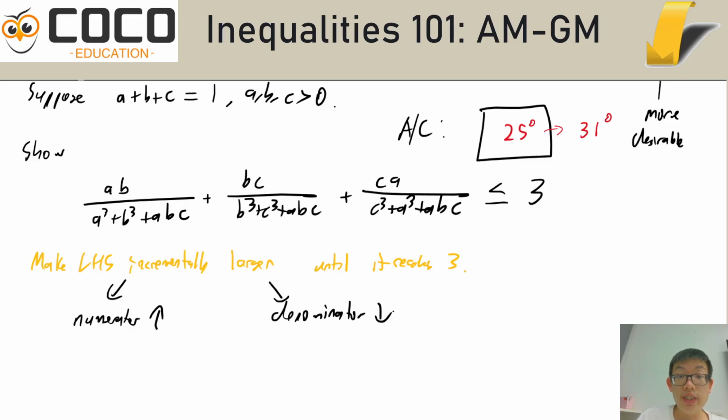To make the denominator go down, you will realize that you must start from something big. And in the denominator, abc is small because it's the most mixed up. But the cubes are the least mixed up. They are just their own a's on their own, b's on their own, c's on their own. They have potential to be pushed down.